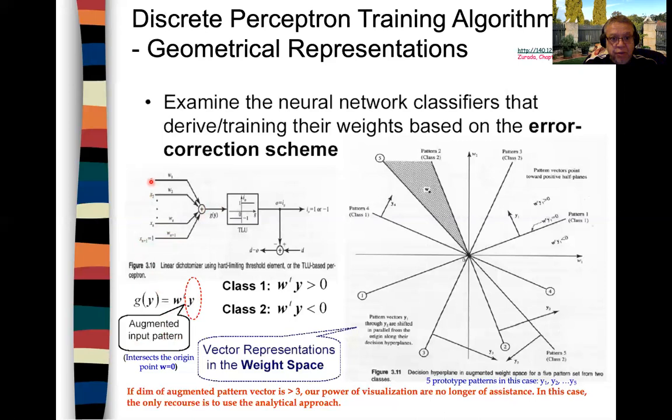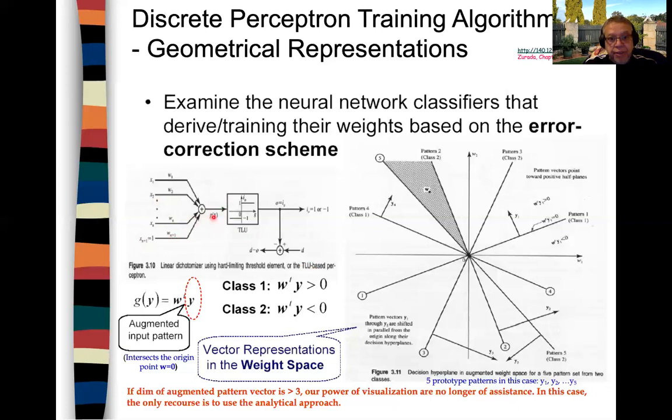So instead of having just x1 till xn, our input pattern called y would be x1 till xn, and then the last element of that vector would be a 1. And then our activation becomes x1w1 plus x2w2, and at the end we add 1 multiplied by w(n+1). So this will constitute our activation to this neuron, this threshold logic unit.